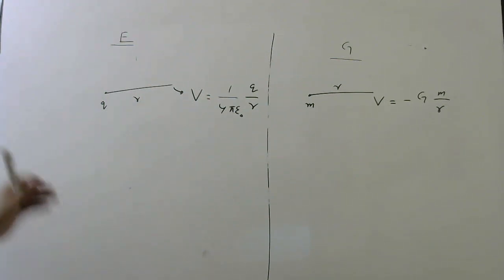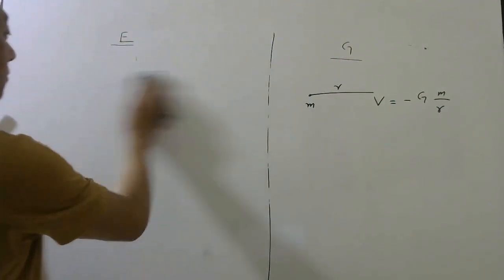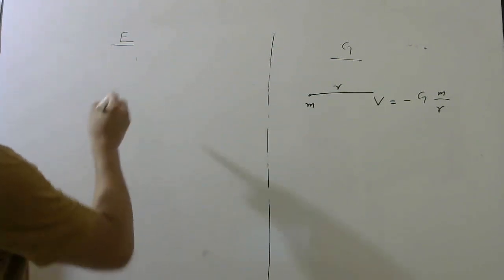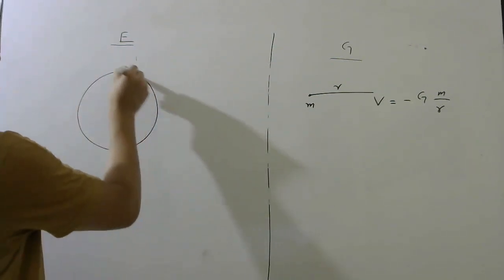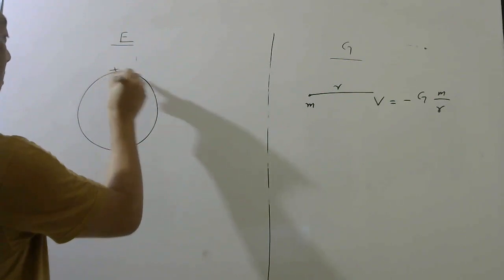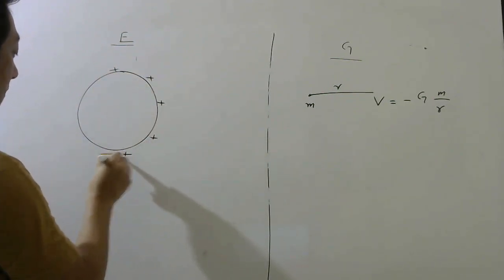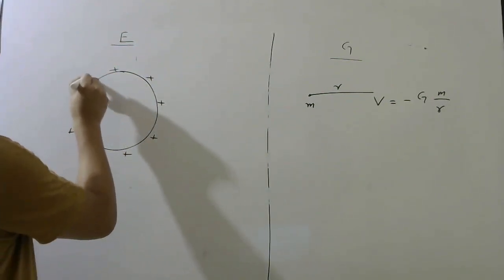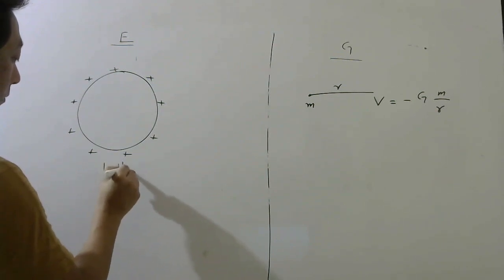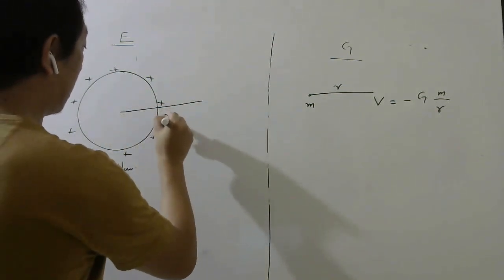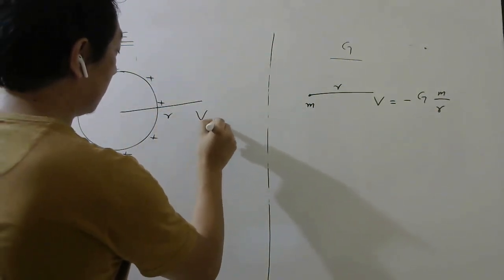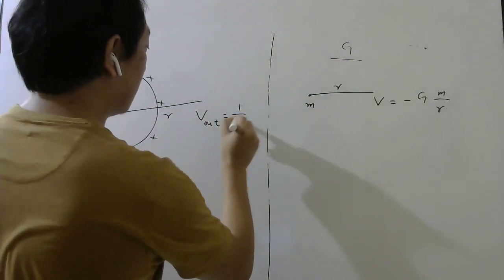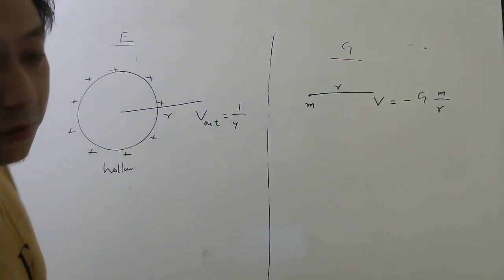Then I told you about spherical charge. Okay, so if you have a spherical hollow charge, then at a distance r outside, the potential is the same as that due to a point charge at its center.